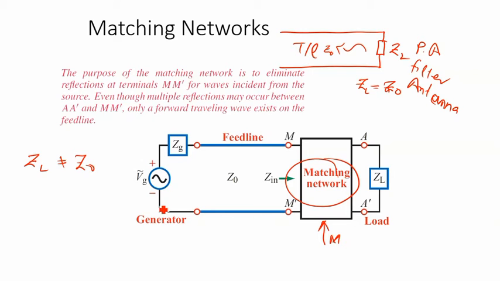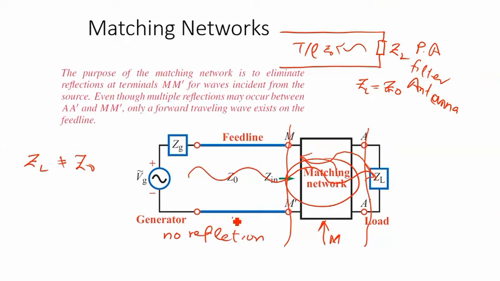So when the incident wave comes toward the load, it is partly reflected back, but this reflection is limited only to this region. So there is no reflection in this region. However, there is reflection in this region.